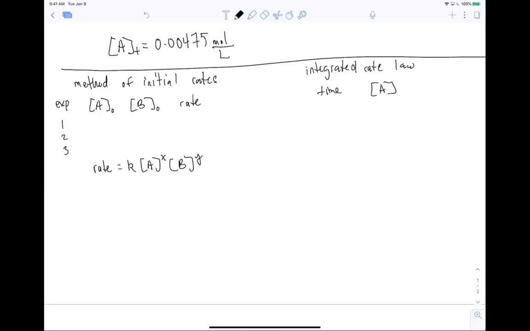And you'll have 0 seconds, 10, 20, 30, 40, and then we'd be looking at how the concentration changes: concentration 1, concentration 2, concentration 3, concentration 4, concentration 5. And so these are the two different things we're looking at.